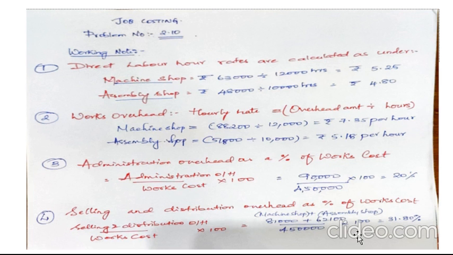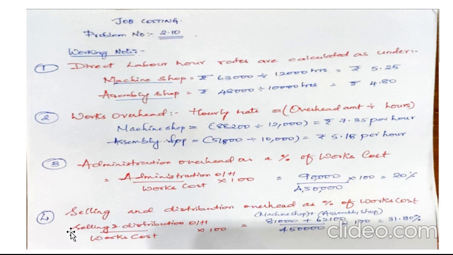You can consider selling and distribution together. It will always be divided by your works cost. So both are considered together in this problem. That is why we are adding 81,000 plus 62,100 divided by 4,50,000 into 100, which will give you 31.80%.